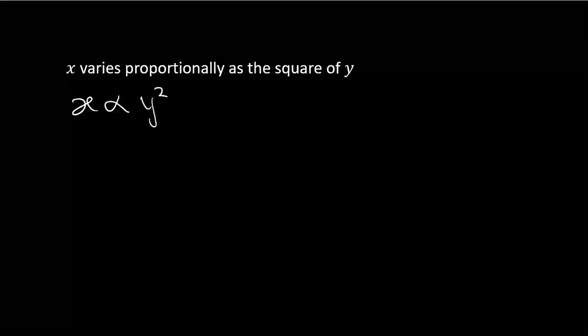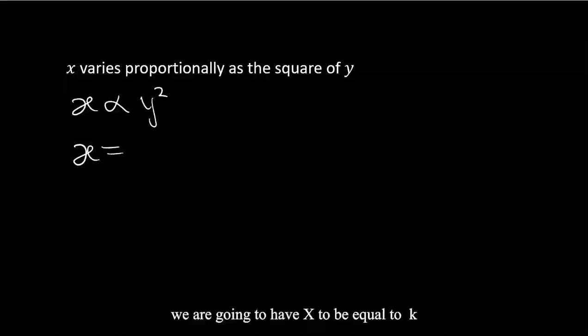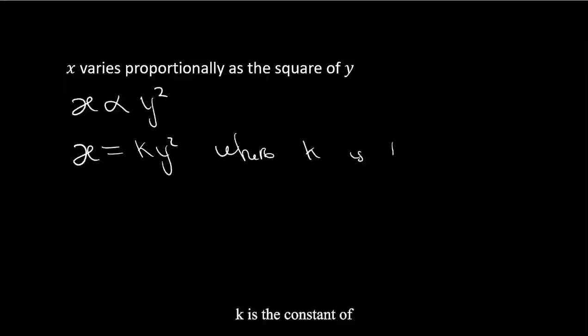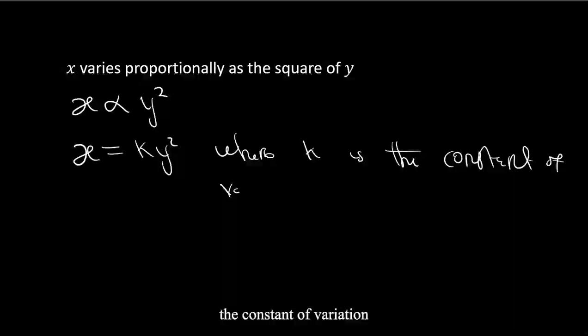So in this case, we are going to have X equal to KY squared, where K is the constant of variation or proportionality.